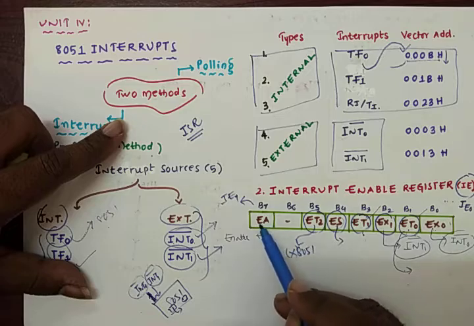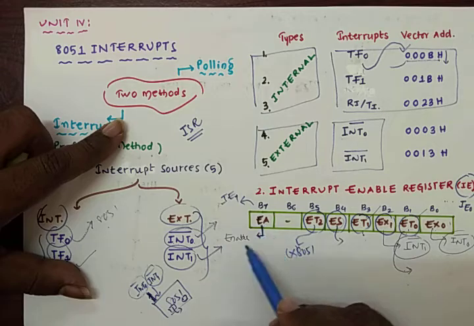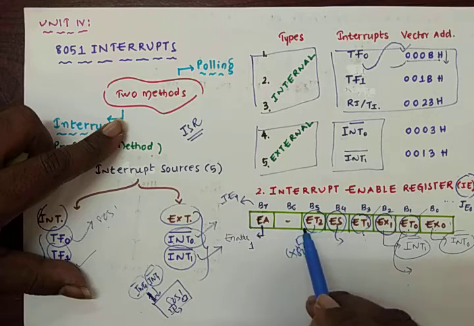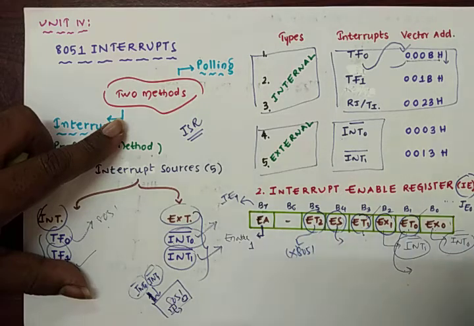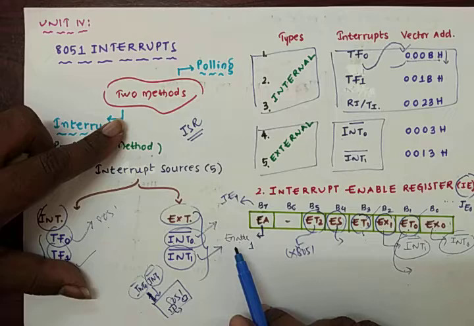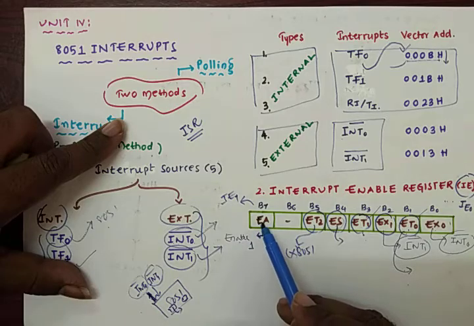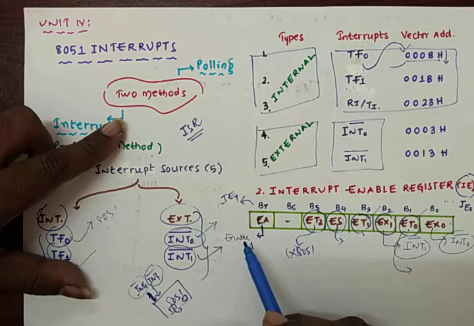And this enables all by setting a program in software. If we set this to 1, all the interrupts can be enabled.